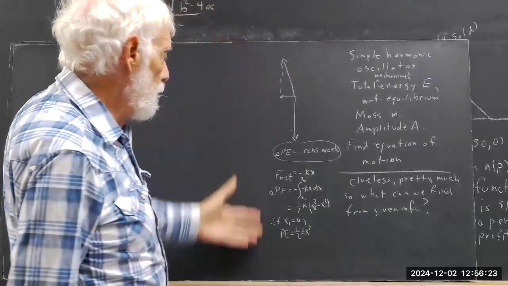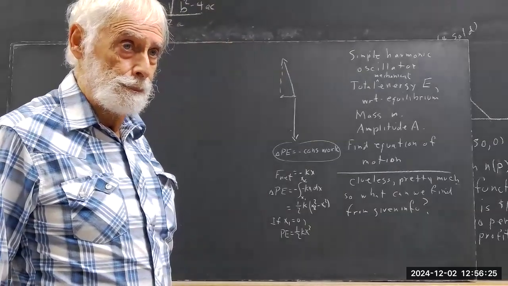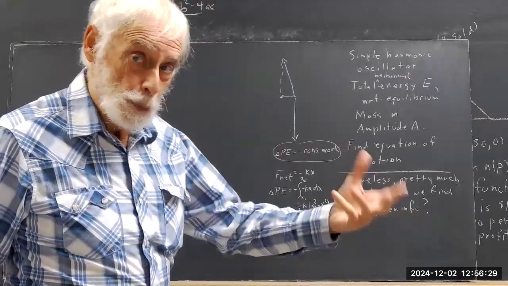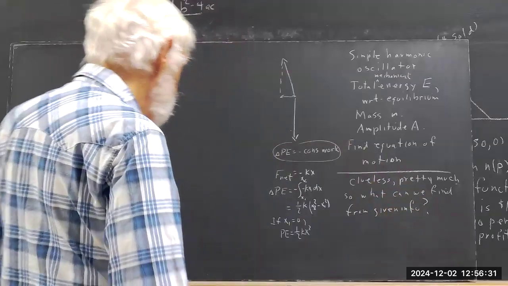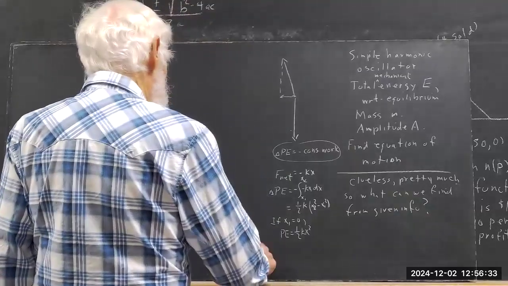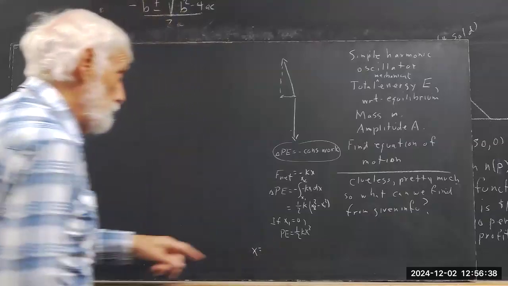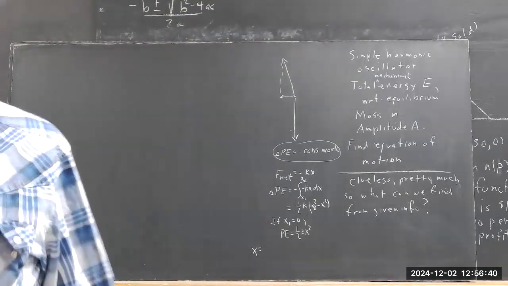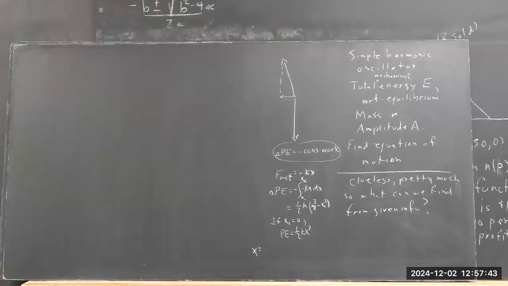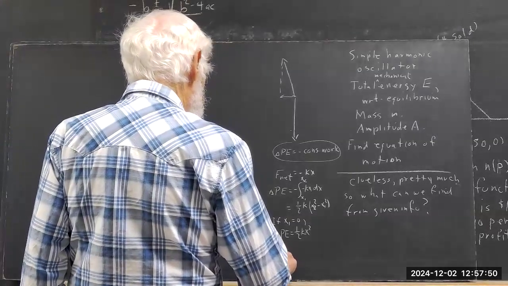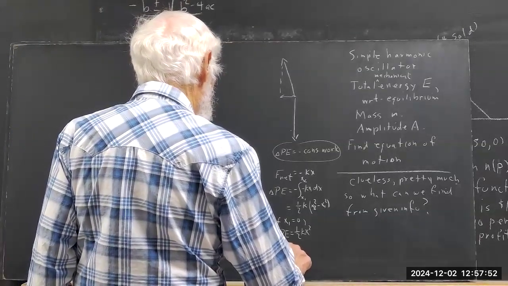And is there anything else we might want to think of? Let me just make note of this other thing we might want to think of: the equation of motion. Can anybody tell me what the equation of motion is? Now I heard this one, the one I usually use.